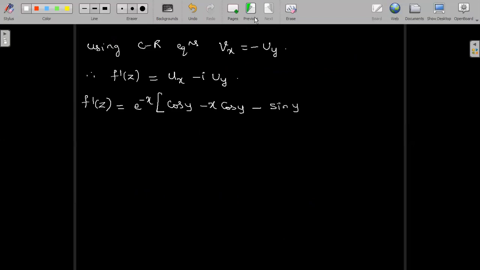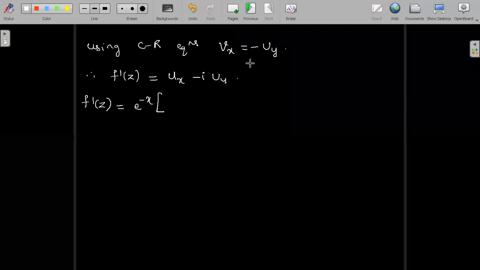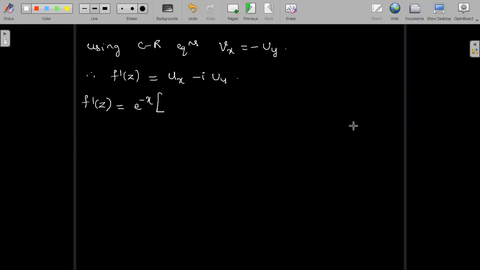Let's check whether it's correct. So this is e power minus x into cos y minus x cos y minus y sin y.